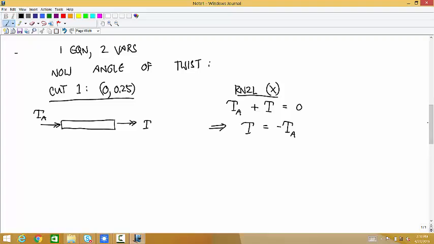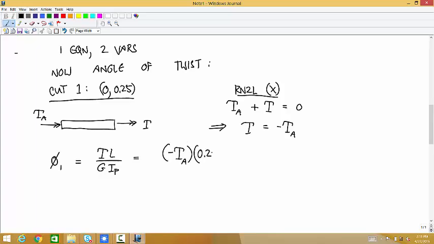Now we can use this to find the angle of twist on the first half. So the angle of twist 1 is equal to the torque times the length divided by G IP. The internal torque is negative TA.